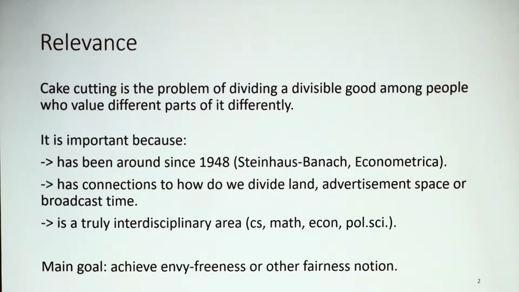The main goal for the literature in cake cutting is to find a mechanism or a procedure that, for any cake, finds an allocation that is fair in a sense, and probably the most conventional notion of fairness is envy-freeness, which just means that nobody envies the part that somebody else receives of the cake.